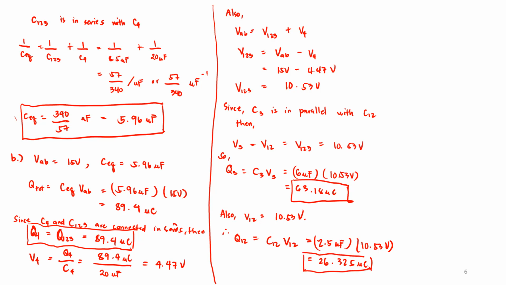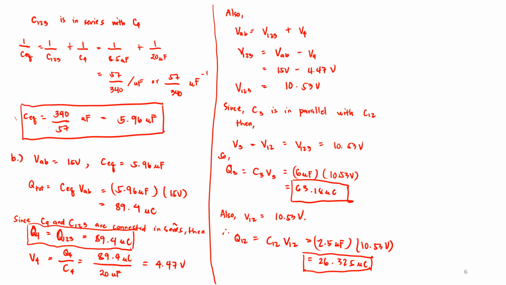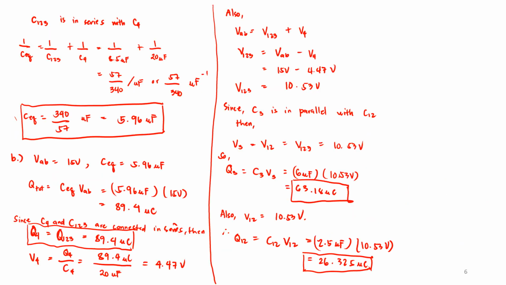Now, take note that for capacitors in series, the charge is the same. If the charge on C12 is equal to 26.325 microcoulomb, take note that C1 is in series with C2. Therefore, they have the same charge. So we can say that Q1 is equal to Q2 and is equal to Q12, which is 26.325 microcoulomb.